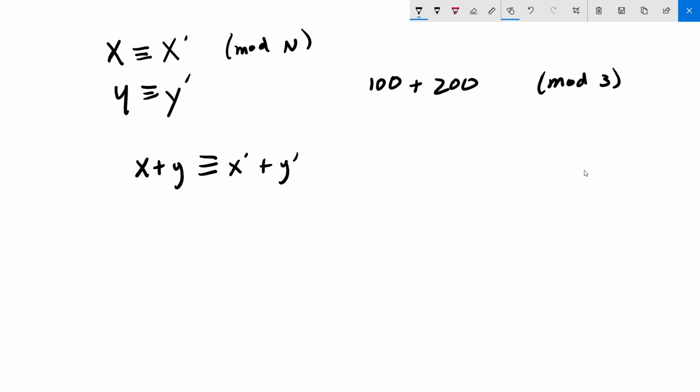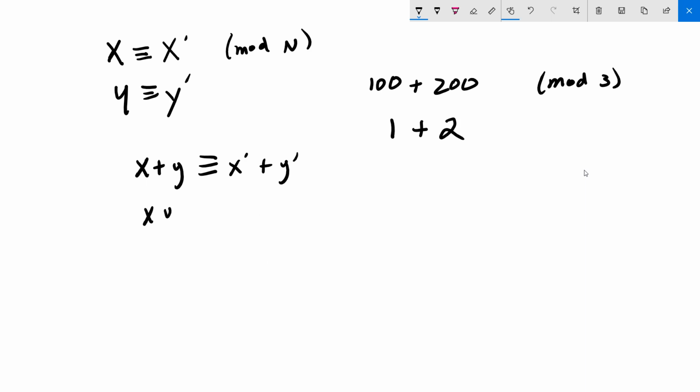But how can you do it with the substitution rule? You could replace 100 with 103 if you want to, but you can also replace 100 with 100 mod 3, which would be 1, and 200 mod 3, which is 2. And add them and take that mod, and you get the same 0. So you can replace equals with equals.